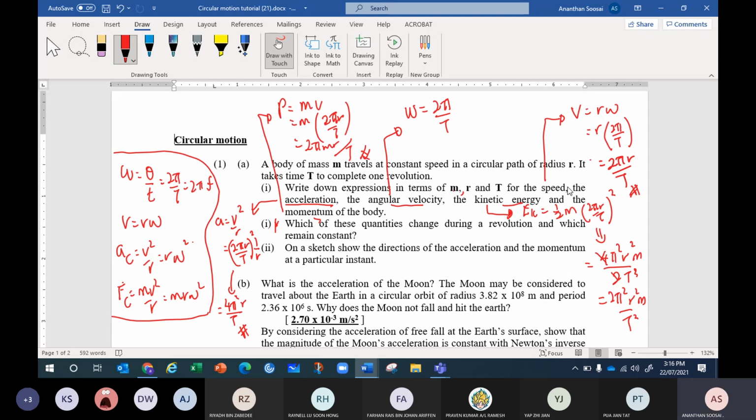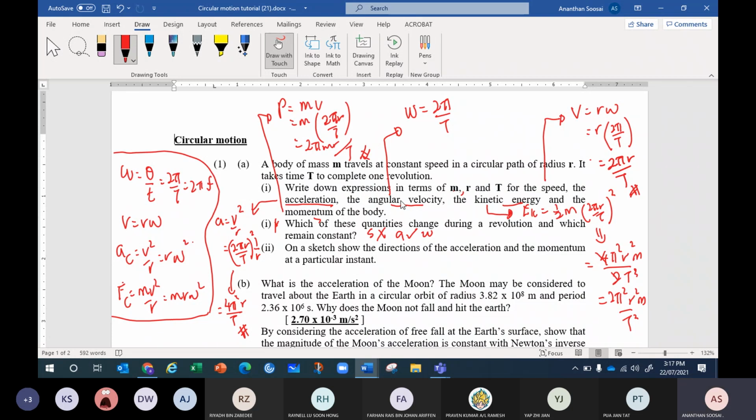Speed changes? Uniform velocity, constant speed. So speed does not change, of course. Okay, acceleration changes. Direction changes.